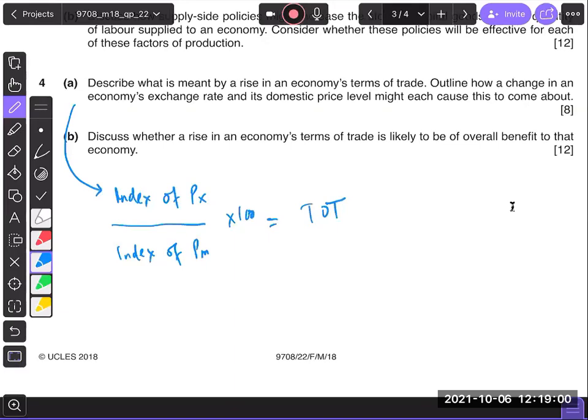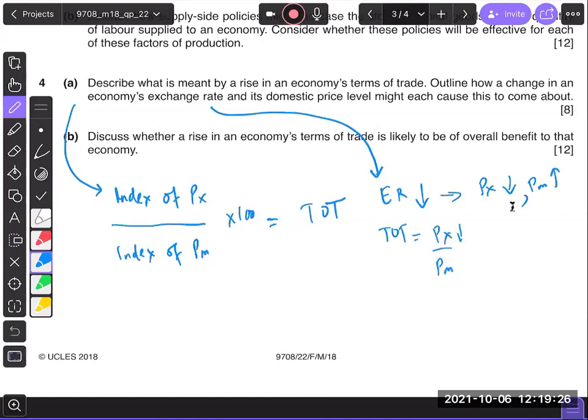And then we talk about how a change in your exchange rate can affect your terms of trade, because when the exchange rate goes down, for example, exports become cheaper, imports become expensive. And if you look at the formula, terms of trade is PX over PM.